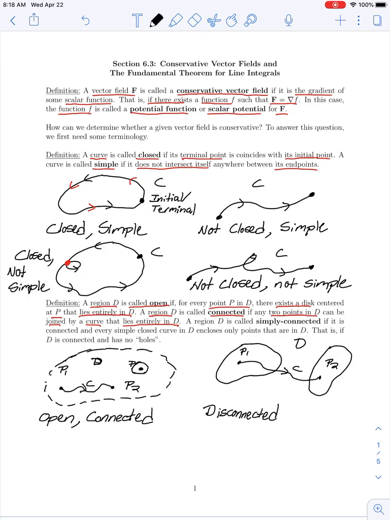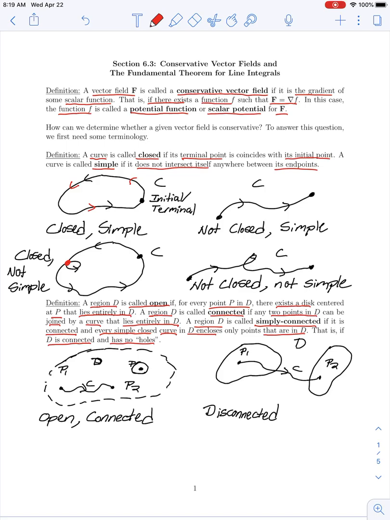Now, the last thing that we'll talk about for a plane region, or the last bit of terminology, is that a plane region D is said to be simply connected if it is connected and every simple closed curve within our set encloses only points that are in D. Or more simply, we can think about a simply connected region in the following way: it is a connected set which also has no holes in it.